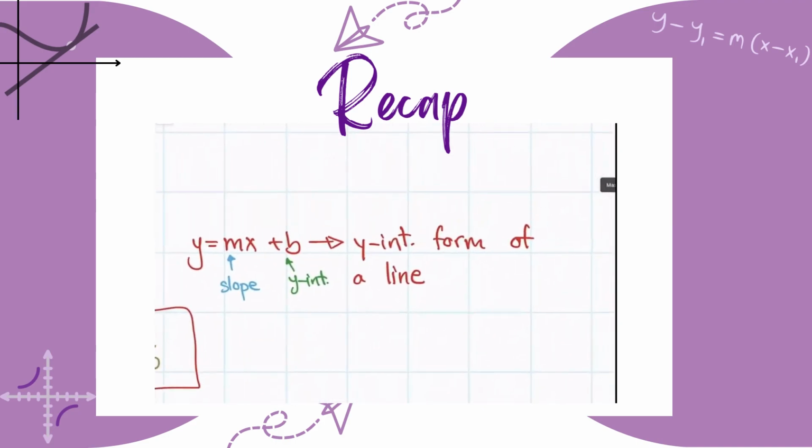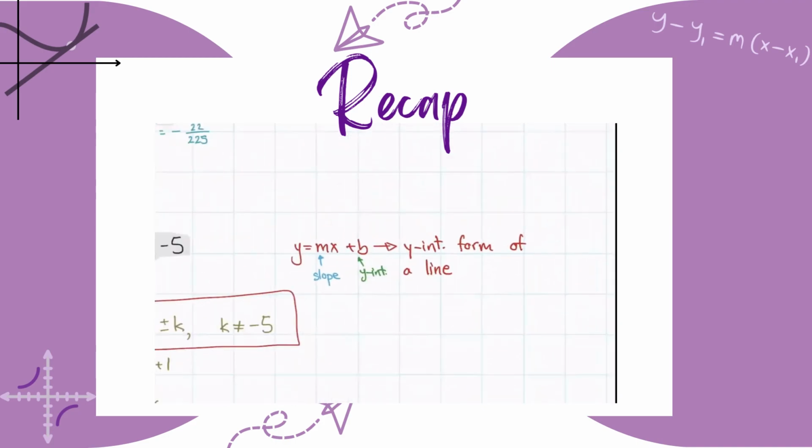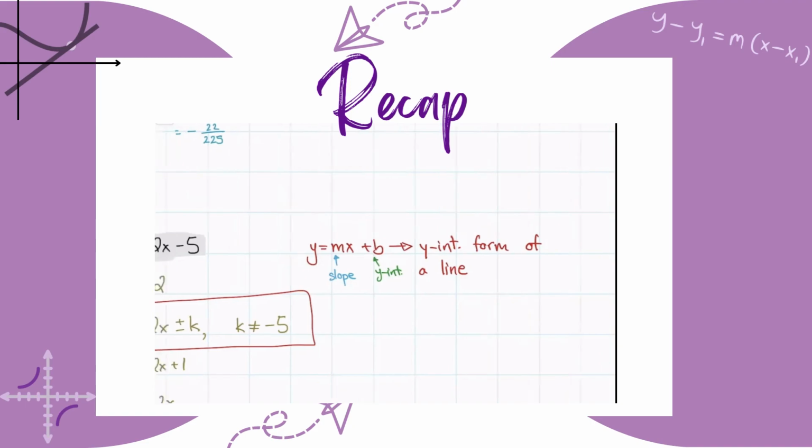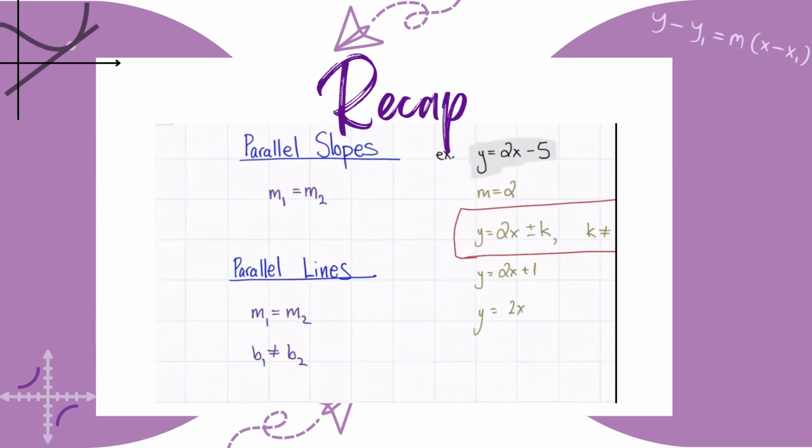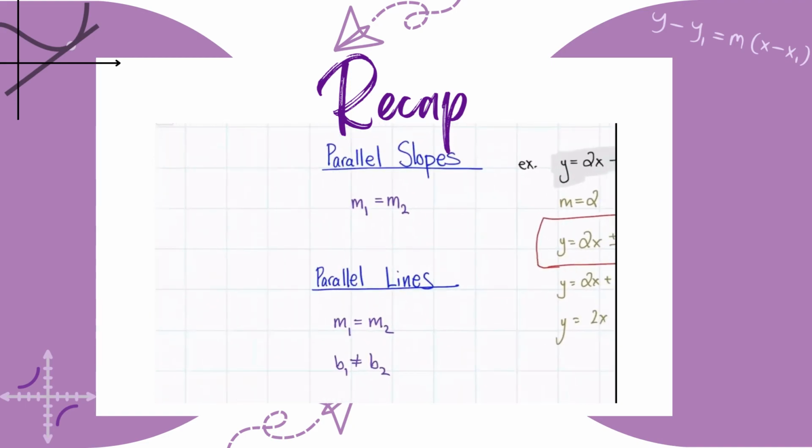To help us figure that out, we need to understand the y-intercept form of a line, okay? We know that the y-intercept form of a line is y equals mx plus b, where the m represents the slope and the b represents the y-intercept. When we are talking about parallel lines, our slopes are the same, but our y-intercepts are different.